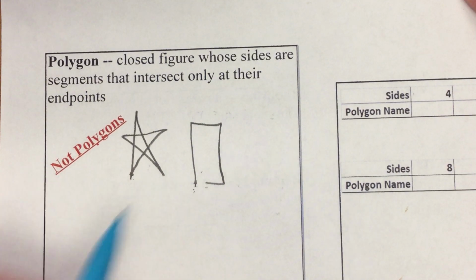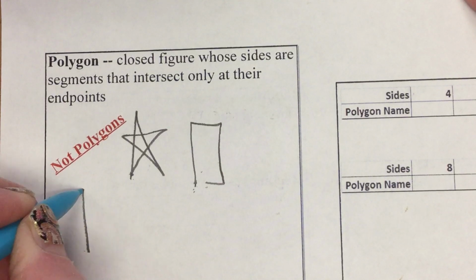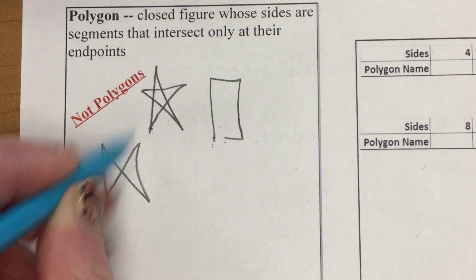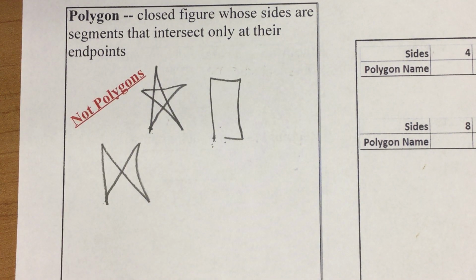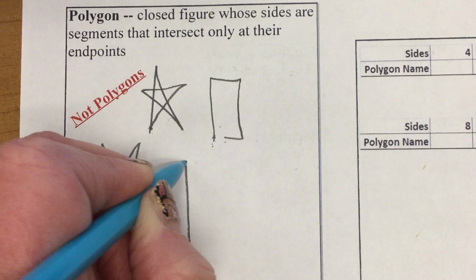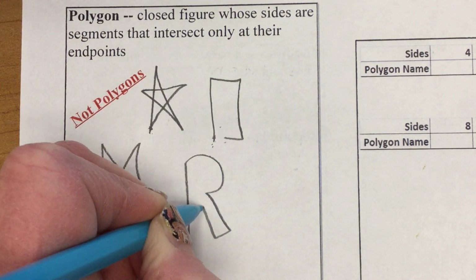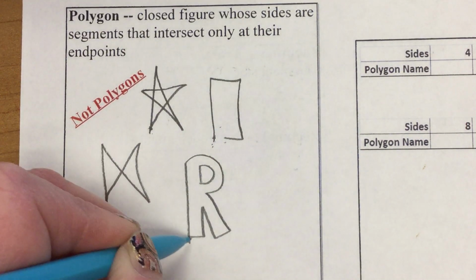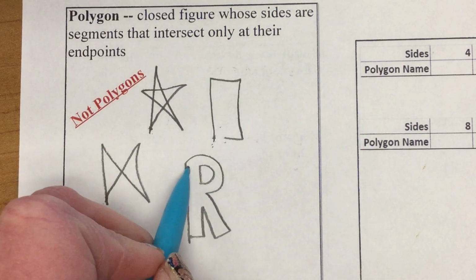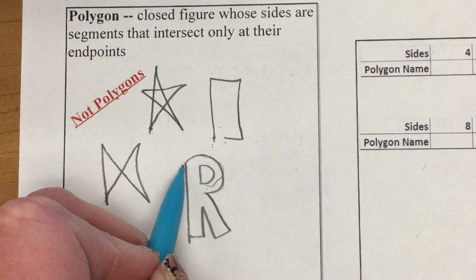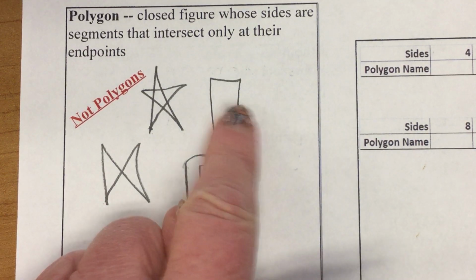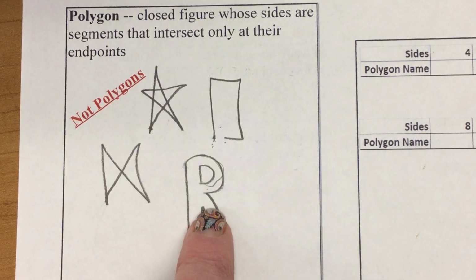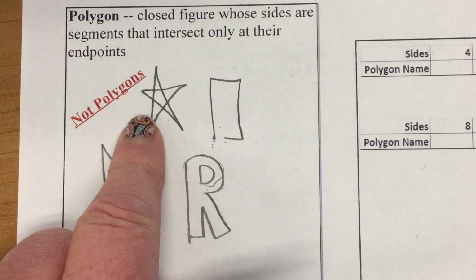It's not closed. Even a plain, simple curve is not a polygon. If I made a giant R for Ramstead, even though it's closed, it's not a polygon because it's got a curve. It's not all segments. So these are all not polygons. Not closed, not segments, and it crosses over.